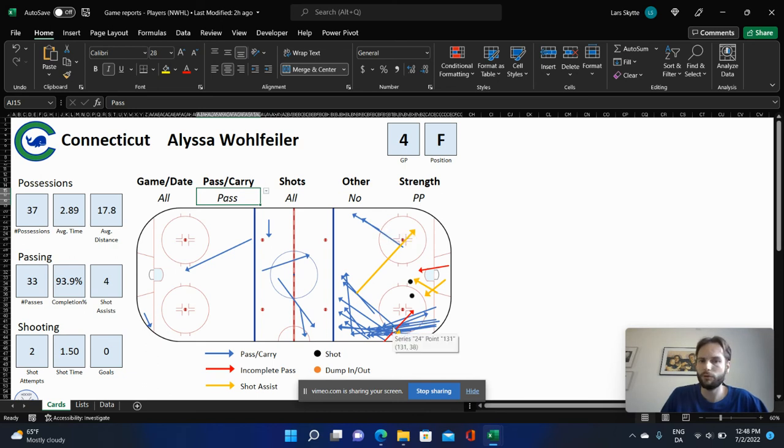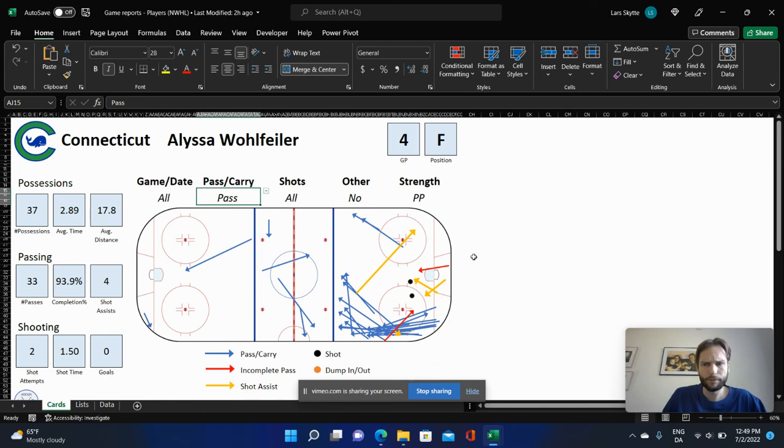She's not going for passes into the slot area from her right side position. Instead, she's sometimes going behind the net, and when she's there, she's seeking the assist. But from her position on the right side, she's not really passing it to the high danger areas.